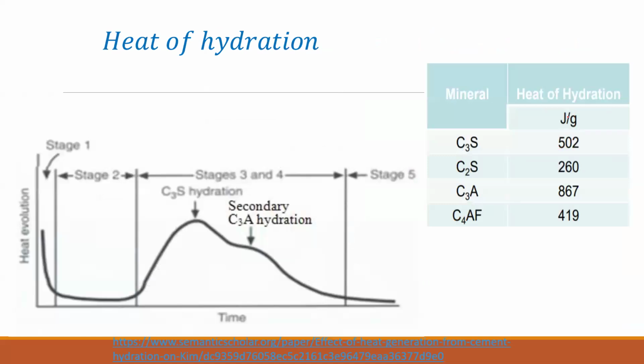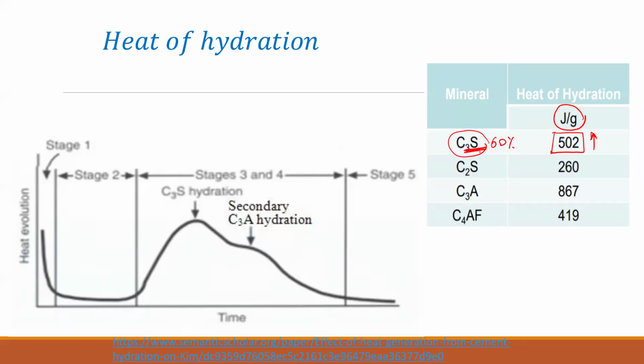Now let's look at the heat of hydration. If you look here, you can see the joules per gram, how much heat is generated. C3S is generating 502 joules per gram, and we said about 60% of a cement is C3S. So this heat gain is very high.